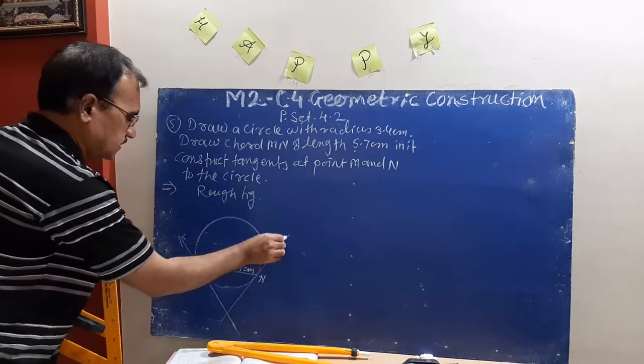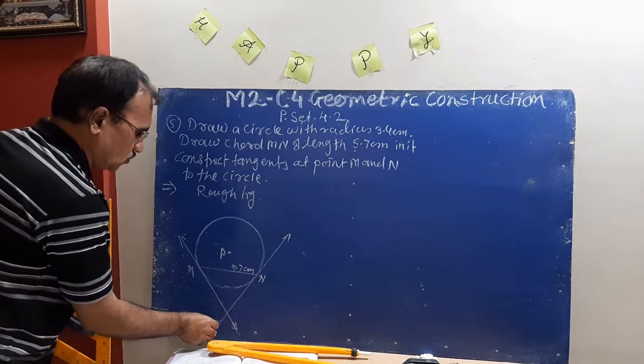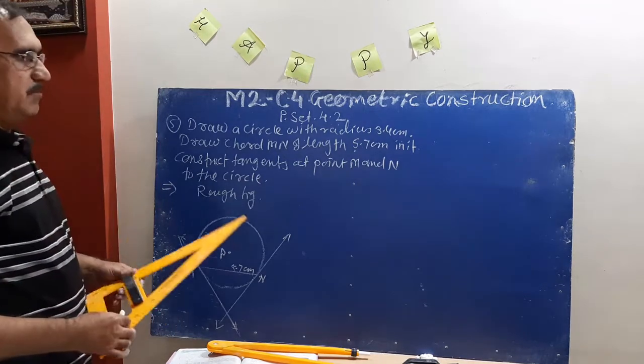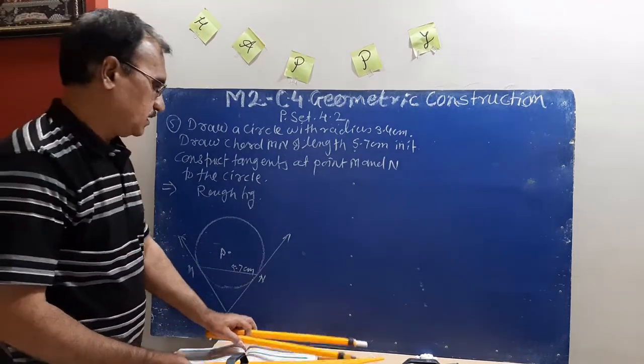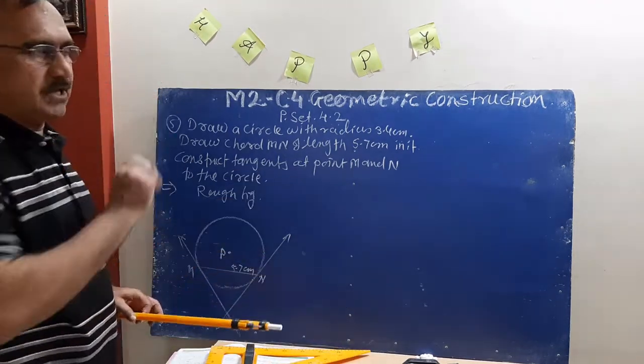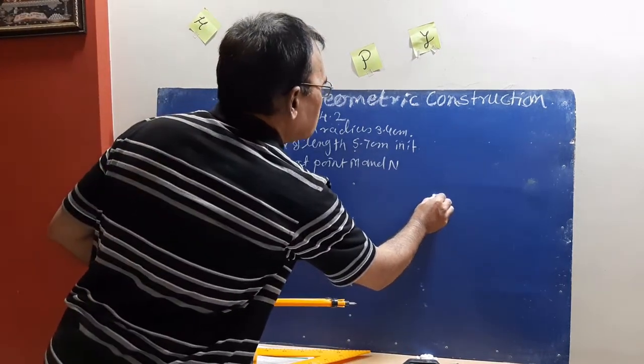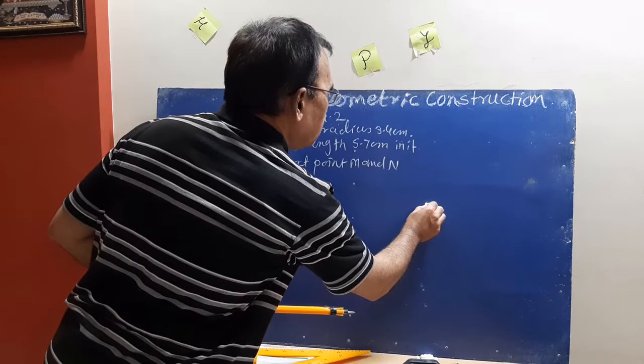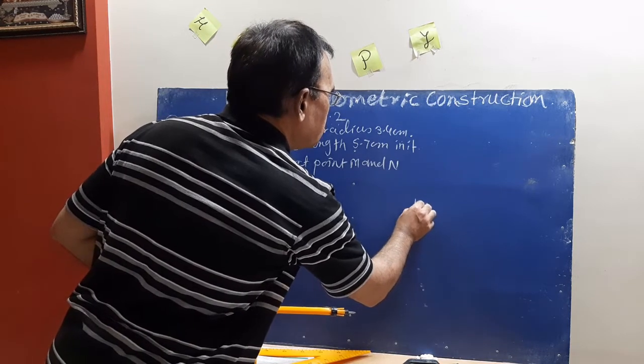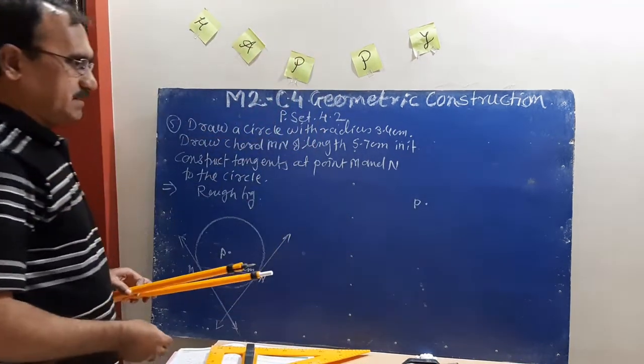These are the tangents passing through points M and N. Okay. The center of the circle is not given in our example. Take any center like that, P. Suppose point P is here, the center of the circle.